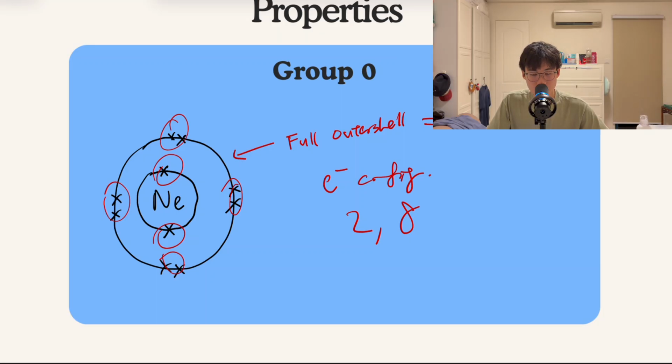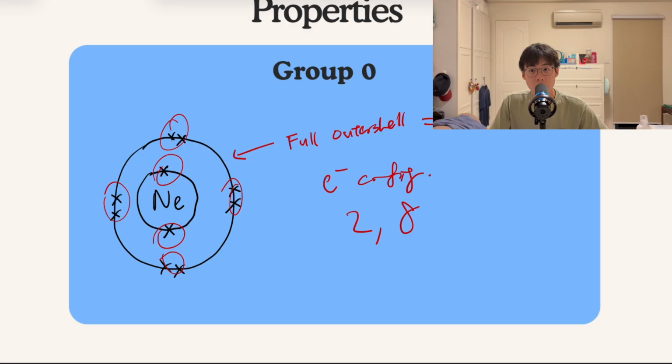And a stable atom has to have a filled outer shell. And for all the possible elements that they might ask you, it'll be 8. And in this case, neon has 8 outer shell electrons, and therefore it's stable.